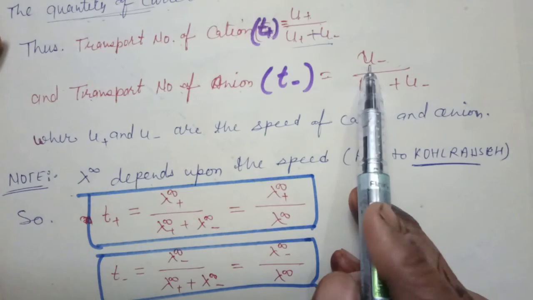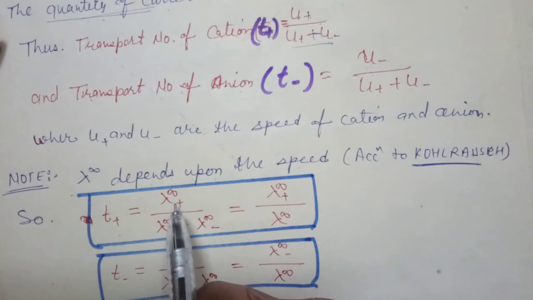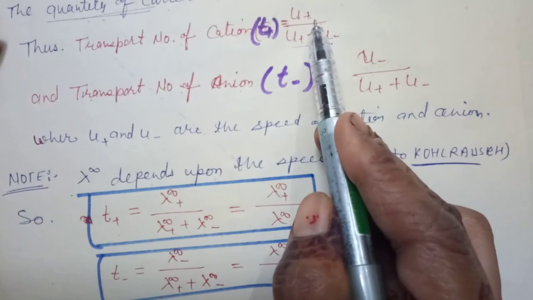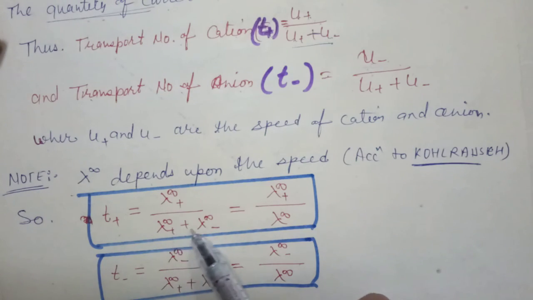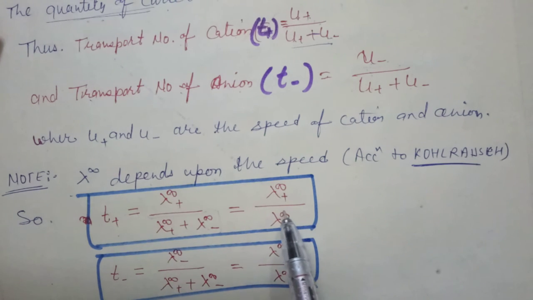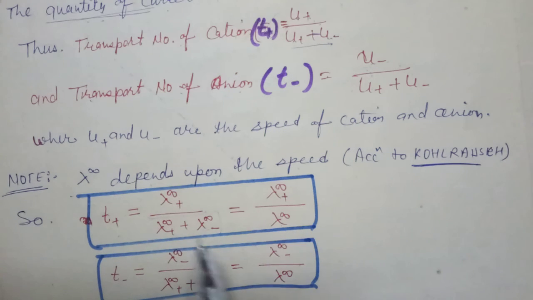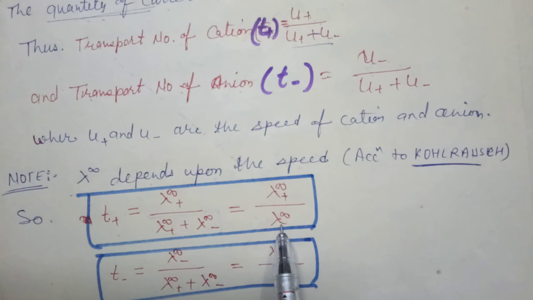So we can replace U plus and U minus by lambda infinity plus and lambda infinity minus. According to Kohlrausch law, lambda infinity plus plus lambda infinity minus is equal to lambda infinity, the total molar conductivity at infinite dilution. So T plus will be the ratio of lambda infinity plus to lambda infinity total.